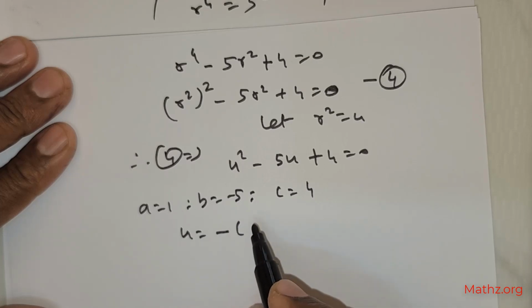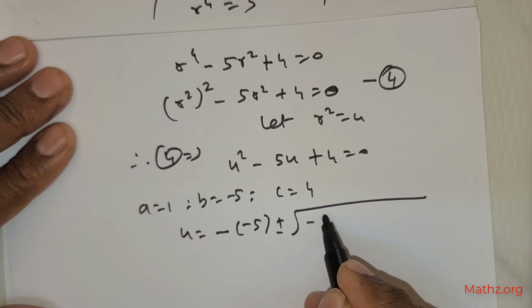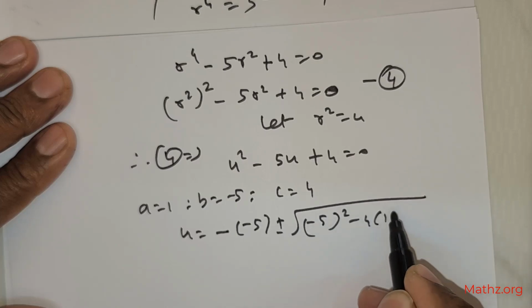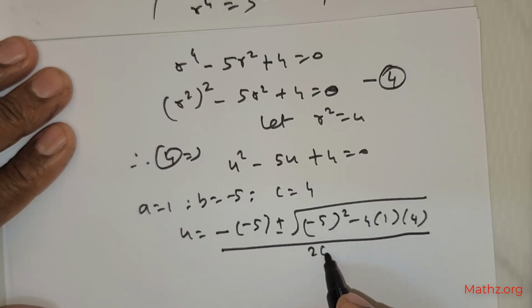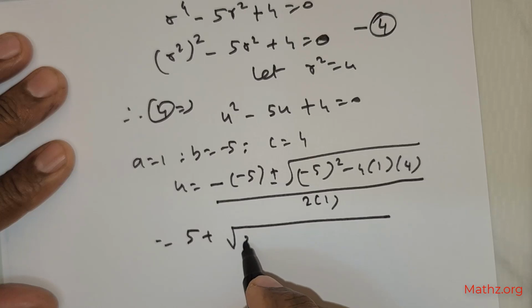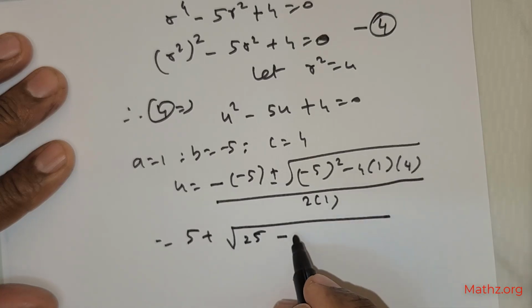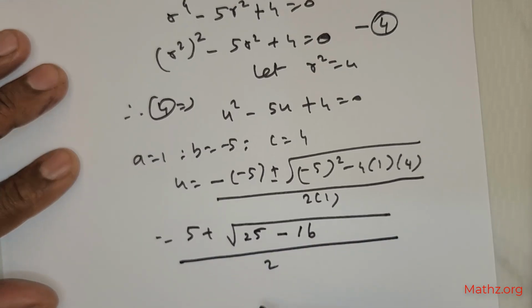So U is equal to negative of negative 5 plus or minus root of negative 5 whole squared minus 4 times a times c, which is 4, divided by 2 times a. This is 5 plus or minus root of 5 squared is 25, minus 16, divided by 2.